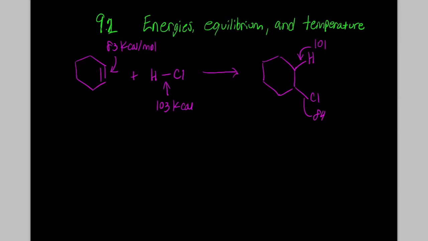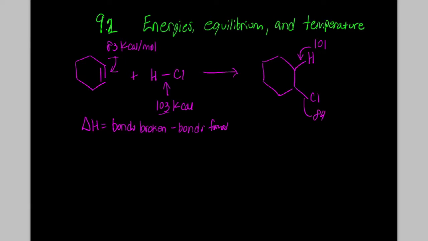So remember that delta H for a reaction is the sum of the bonds broken minus the sum of the bonds formed. What we have on the left are two bonds that are being broken.